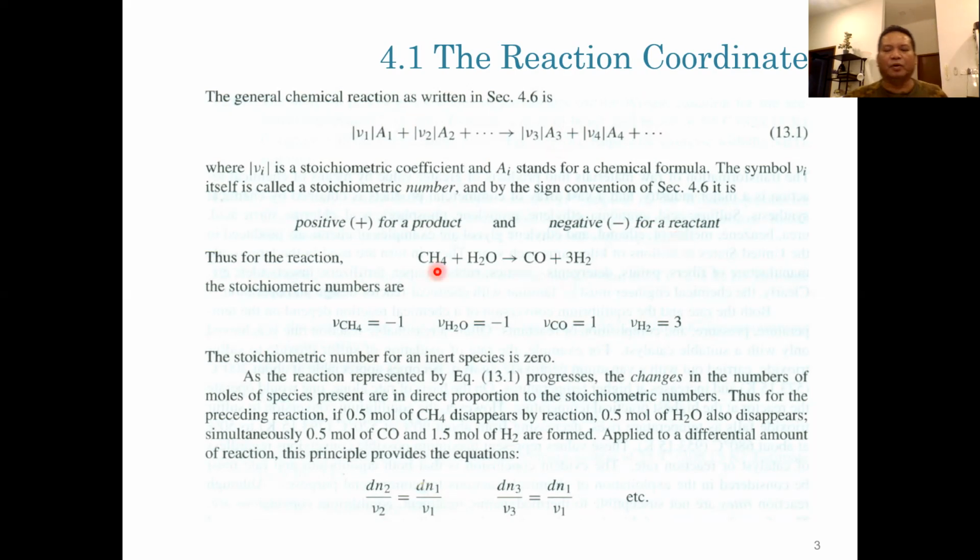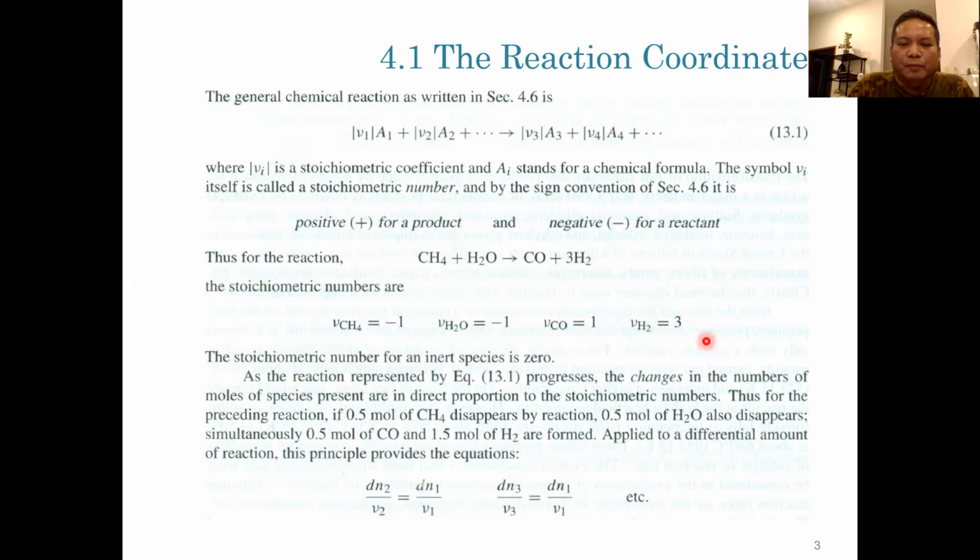Okay, for example, methane reacts with water to produce carbon monoxide and hydrogen. Then we can see that the stoichiometric numbers, or nu, for methane is -1 because it's a reactant. Water also -1. Carbon monoxide is 1 and hydrogen is 3.